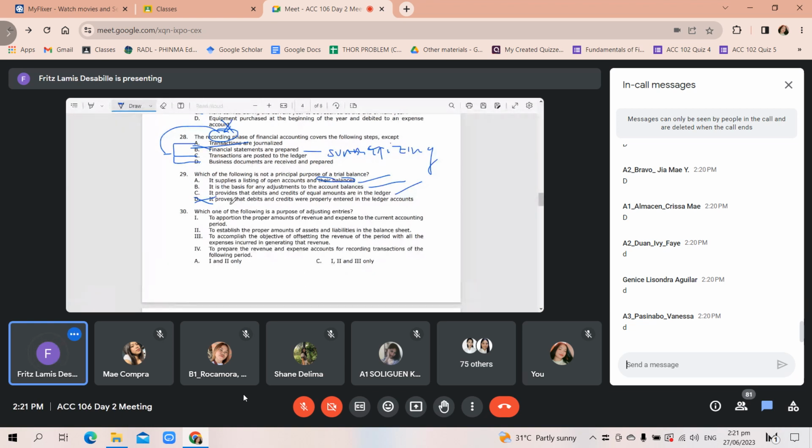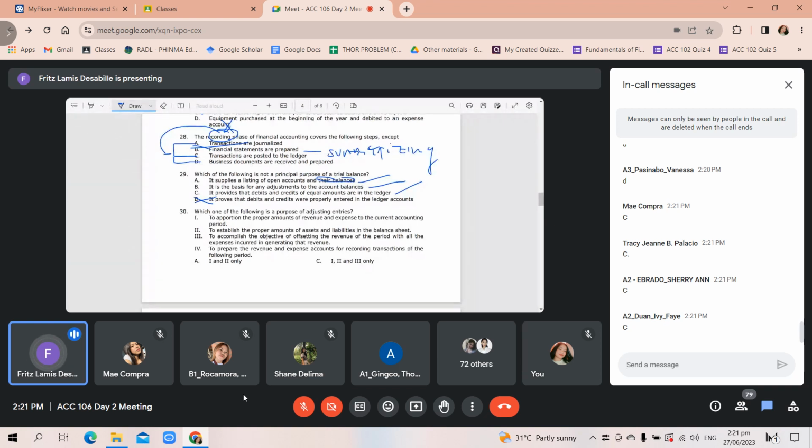Number 30. Which one of the following is a purpose of adjusting entries? Okay. Number 1, to apportion the proper amounts of revenue and expense to the current accounting period. Correct. No? So, di ba, ang adjusting entries natay mga mixed accounts like accrued expenses, accrued revenue, deferred revenue.